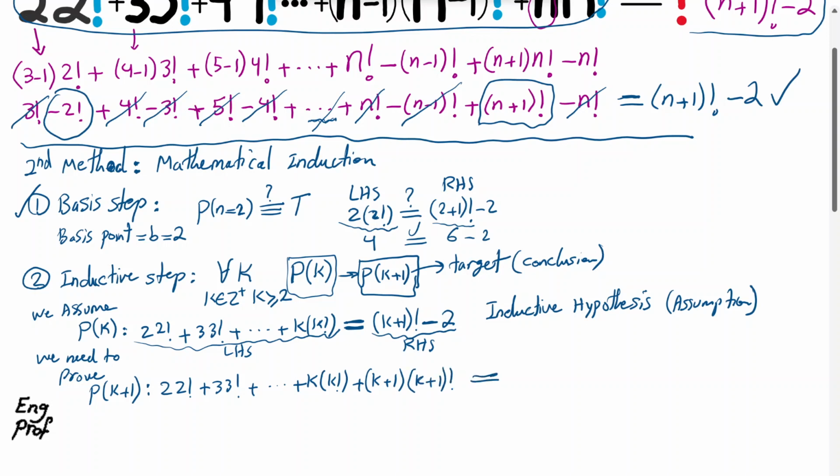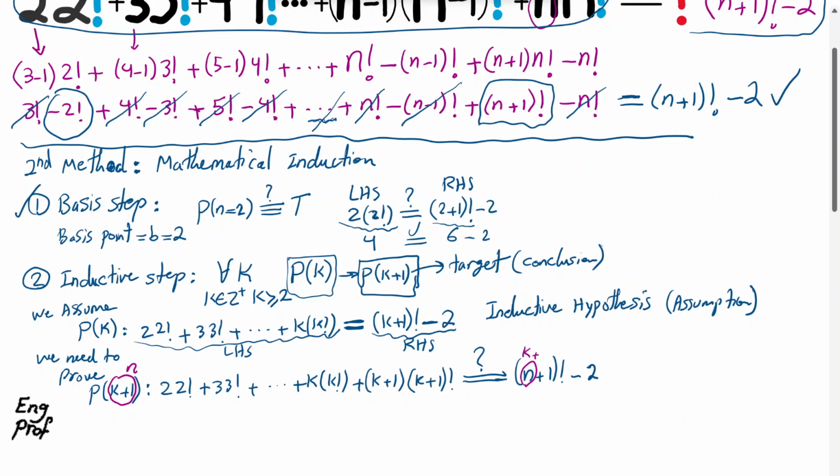For the right hand side, we need to prove that it will be equal to, so we had n plus 1 factorial minus 2. In this case, we are setting n equal to k. That is our n. So therefore, I'm going to substitute n with k plus 1.